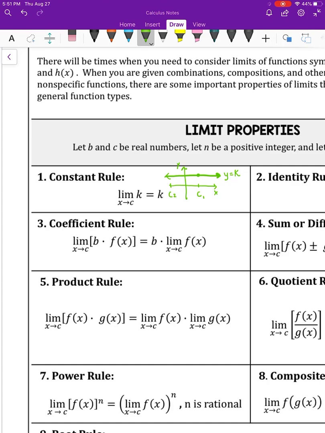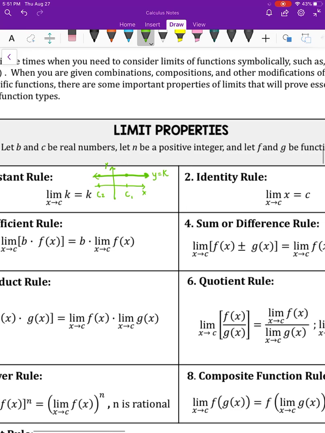Like c could be there, c could be here. As you're approaching it, it's always going to equal that k because that's a horizontal line. So that's our constant rule. The limit of a constant is a constant.